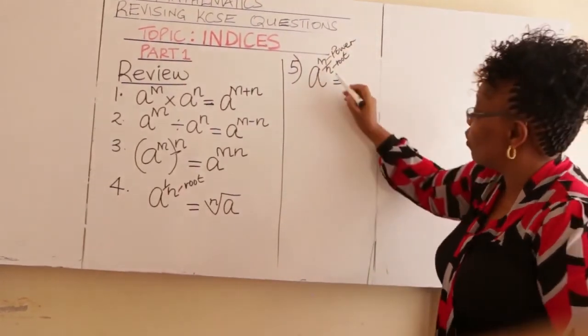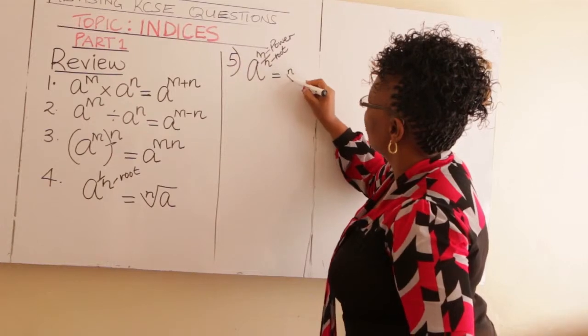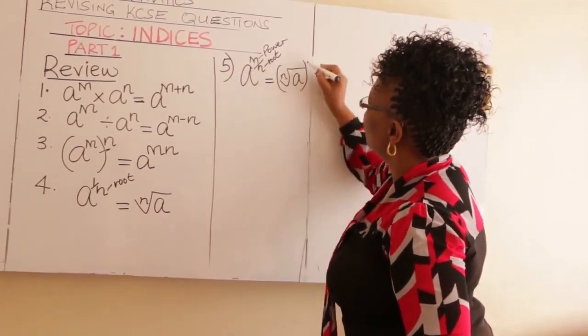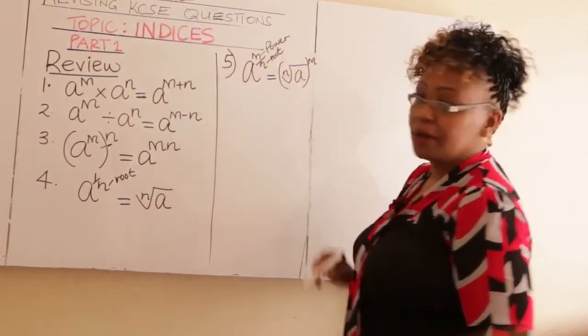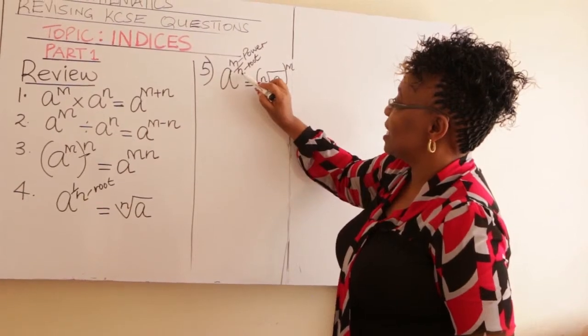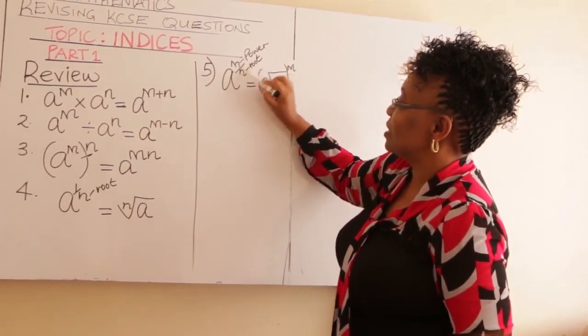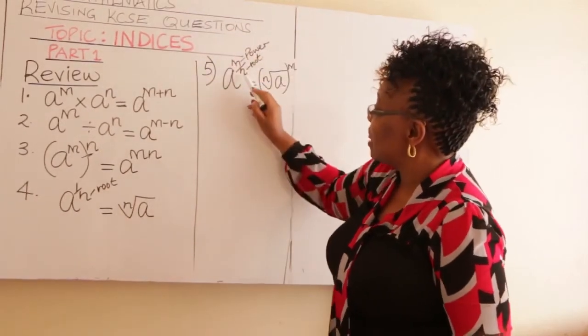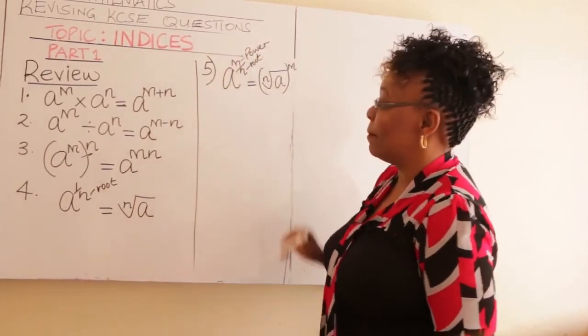And therefore you talk of the nth root of a raised to m. The denominator is a root, the numerator is a power. So the nth root of a raised to power m.